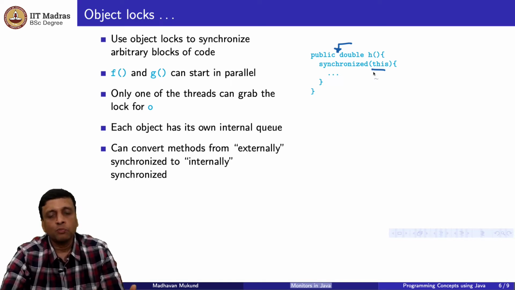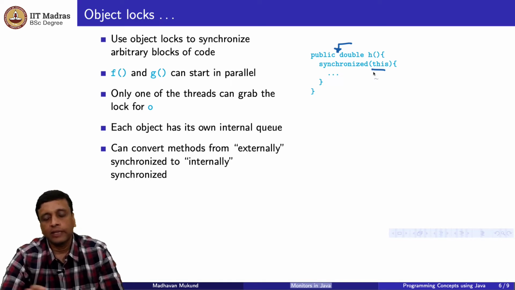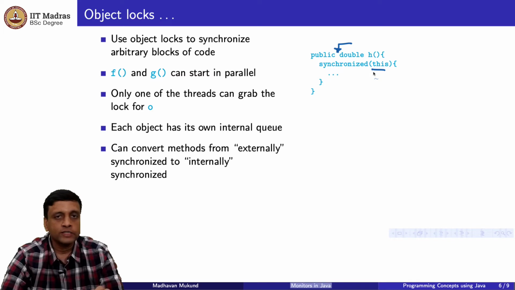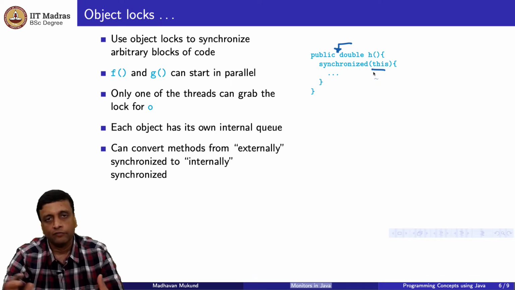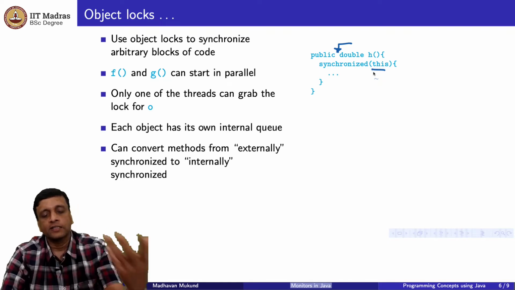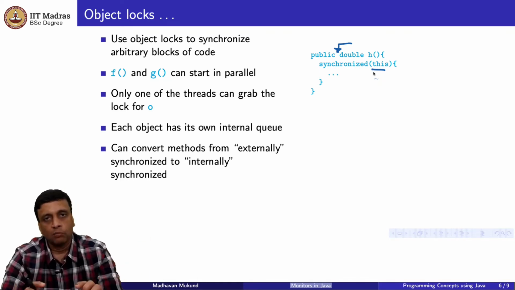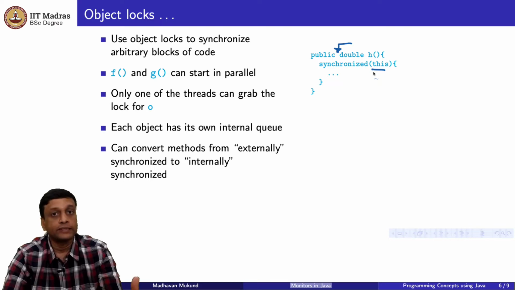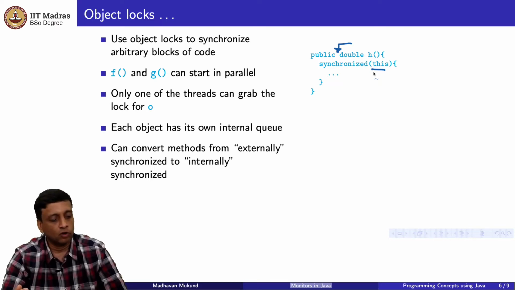But when we get to this point, only one of these threads which is trying to execute H will be able to grab the lock associated with this object, and in particular this lock is the same as the lock that goes with the synchronized in the function. So this will be in competition with everything that is synchronized on this object. So instead of using an external object O to synchronize a block of code, we can even use the current object internally to synchronize a block of code.